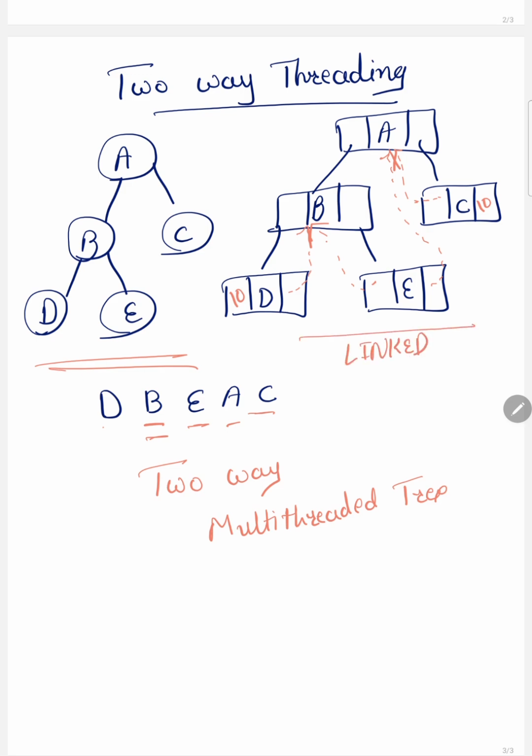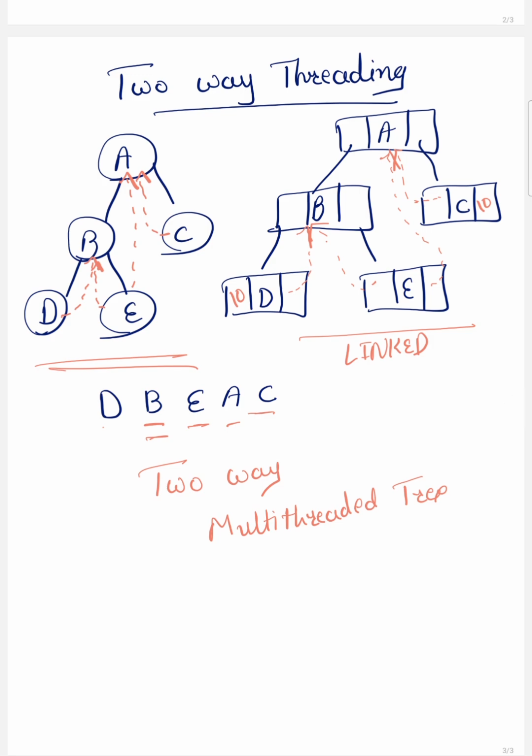In a simple tree, I can show the thread with a dotted line; if it is going from the right side, that's a right thread, from the left side, that's a left thread. So we'll have this B, then this left thread, this right thread, and this left thread. So this is multi-threading, right?